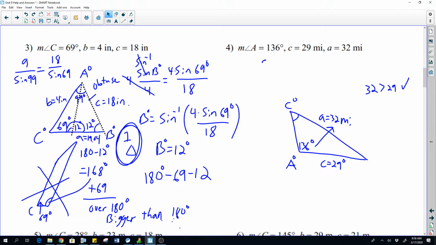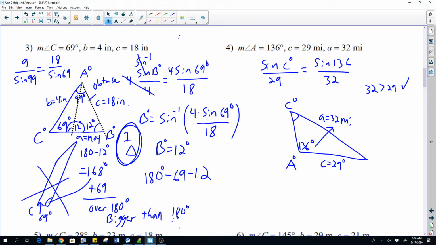First of all, we want to find the sine of angle C. So sine of angle C over little c, which is 29, equals sine of 136 over 32. Make sure this triangle exists.